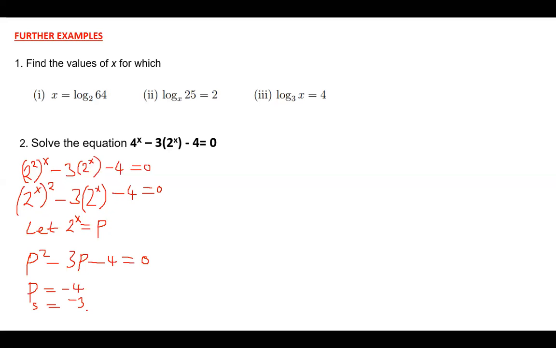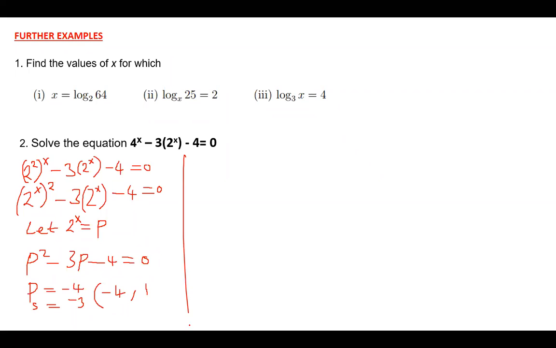We need any numbers that we can multiply and get -4, and when we add, we get -3. So we have negative 4 itself and +1. When we multiply the two, we get -4. When we add the two, we get -3.